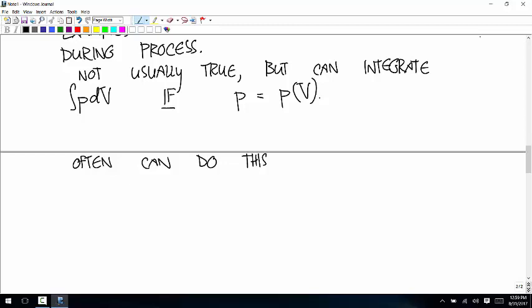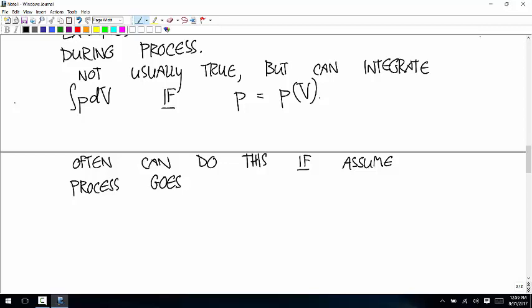I mean, right? Pressure is a function of volume, if you assume the process progresses from equilibrium state to equilibrium state. At each point along the process, you're in equilibrium.